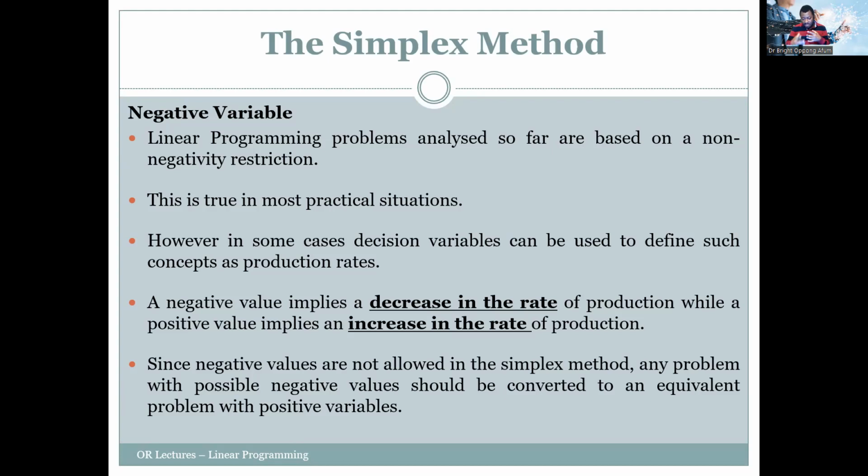So how do we handle it when the decision variable concerns the rate of production, or the rate of a moving vehicle, or the momentum or movement of any object? How do we handle it in simplex form?